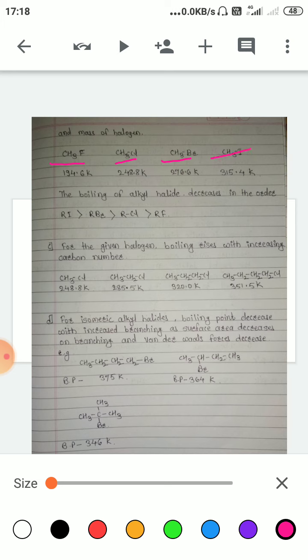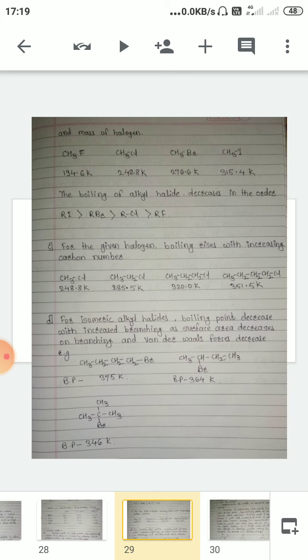What we have to remember is that as the molecular mass increases, the boiling point goes on increasing. Here the molecular mass of methyl fluoride is less than that of methyl chloride, than that of methyl bromide, than that of methyl iodide.